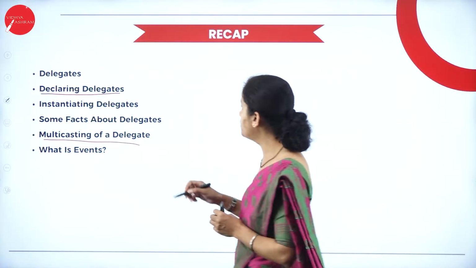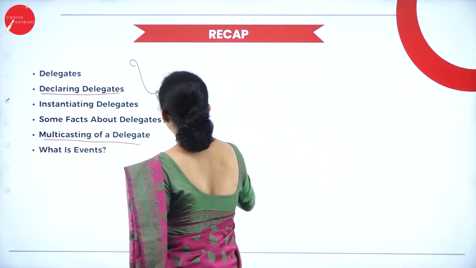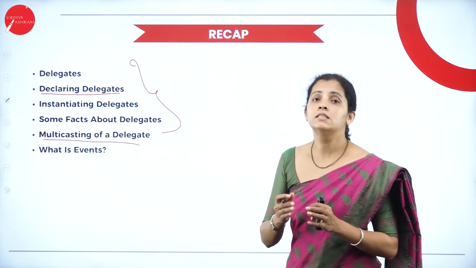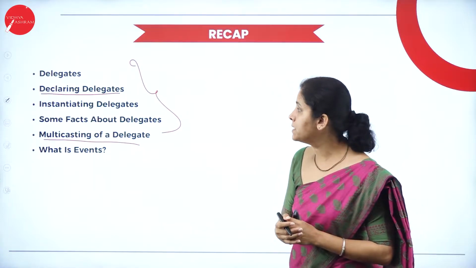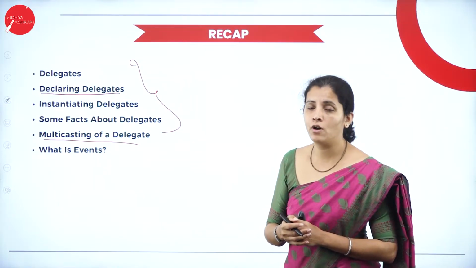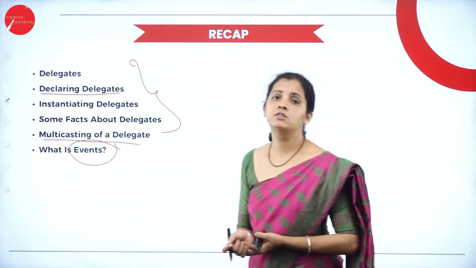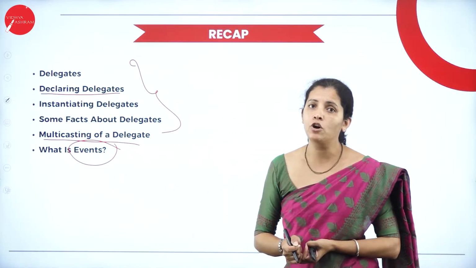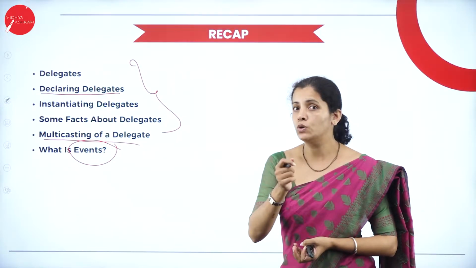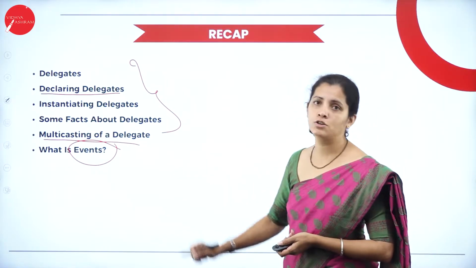And dear students, from the examination point of view, delegate is a very important concept, and you can expect 7 or 8 marks. If I consider events, this is also a very important topic, and you can expect a 2-mark question under this topic.